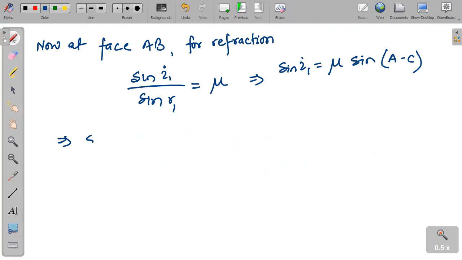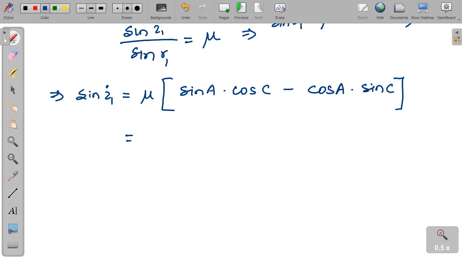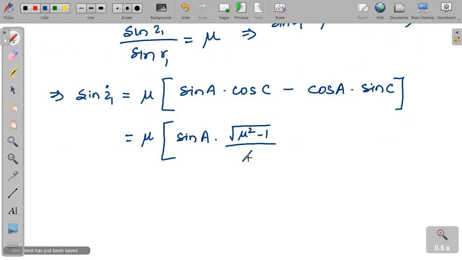So sin I1 is equal to mu into sin A cos C minus cos A sin C. Sin A stays sin A, cos C will become root under mu square minus 1 by mu, cos A will remain cos A, and sin C will become 1 by mu.